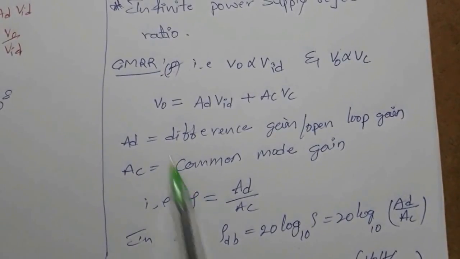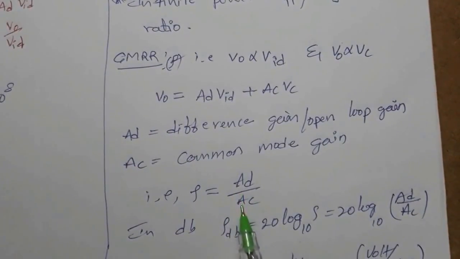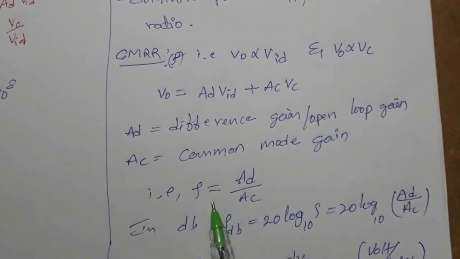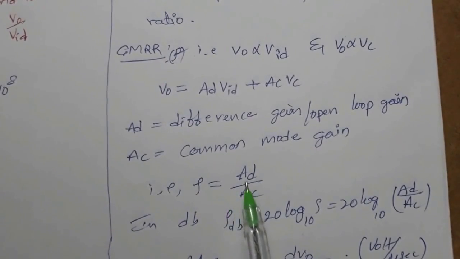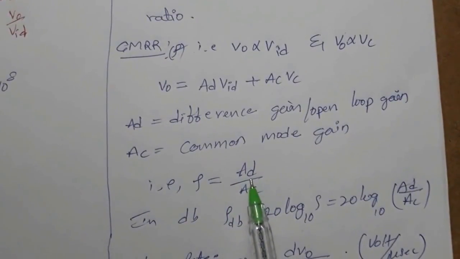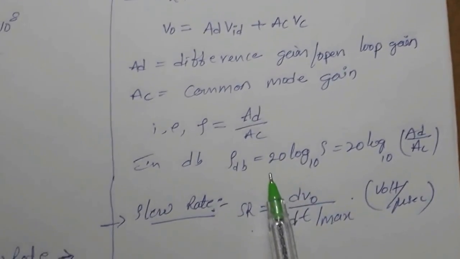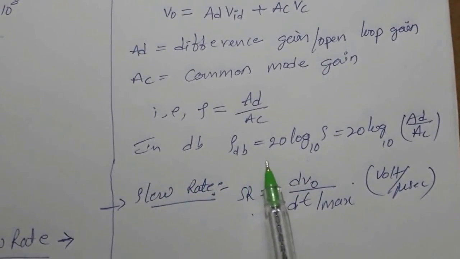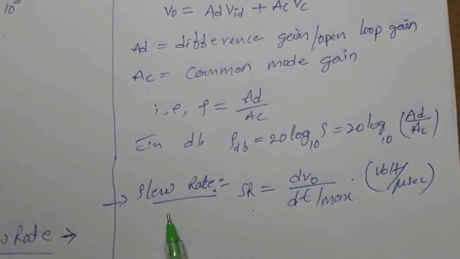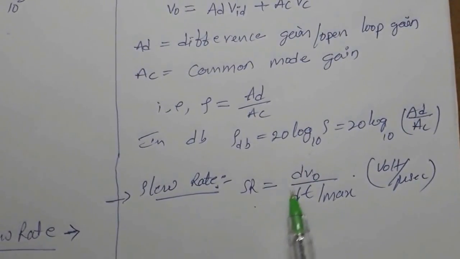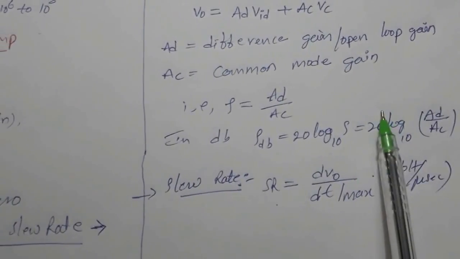So CMRR is denoted by rho, which is defined as AD by AC, meaning rho is the ratio between the differential voltage gain or open loop gain to the common mode gain. For an ideal op amp, we represent this as rho dB is equal to 20 log base 10 of AD by AC, and the slew rate SR is equal to dV0 by dt maximum, in volts per second.